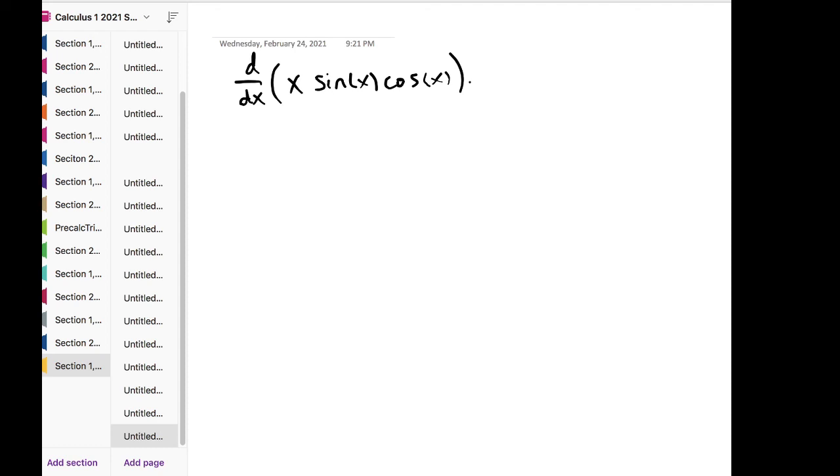Any ideas? The derivative would eventually be 1, but I can't just take the derivative of each, right?